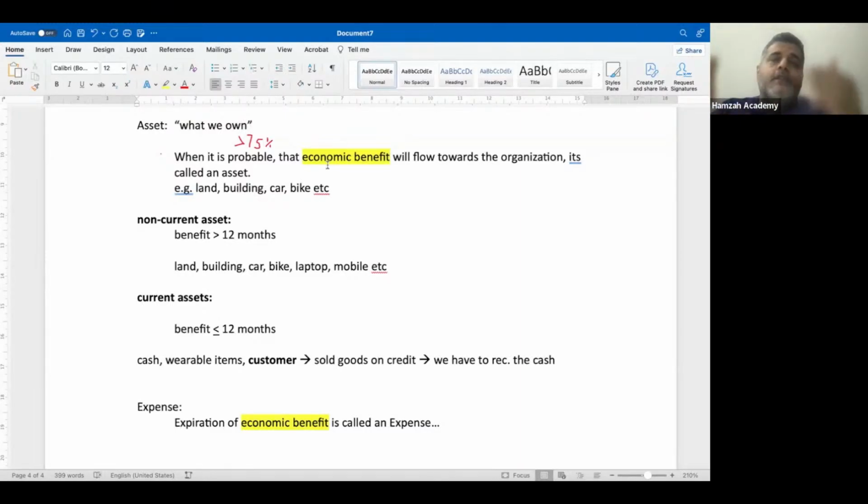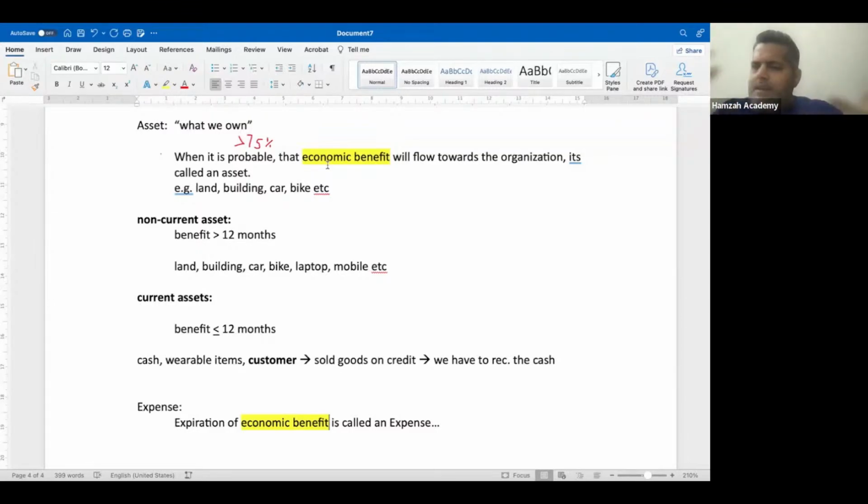I'm repeating myself. When it's probable we are going to get an economic benefit, or a monetary value benefit, that is called an asset. And when the same economic benefit expires, it's called an expense. What does it mean? How is it going to expire?